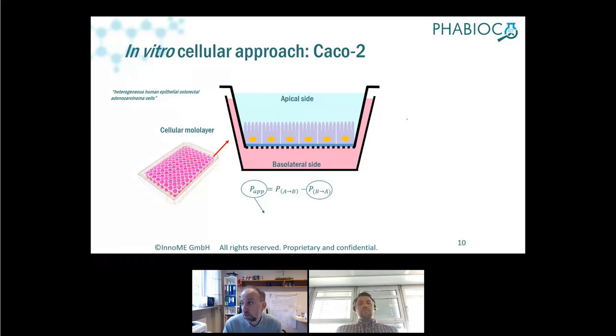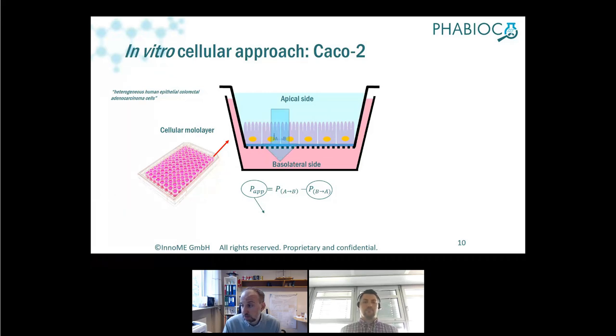For the in vitro cellular approach, the gold standard is the CACO2 cells. This is generally based on a 96-well plate setup, where heterogeneous human epithelial colorectal adenocarcinoma cells are grown as monolayers. The cells possess an apical side and a basolateral side. And as I reported before, what we do is place a drug solution on the apical side, and we measure how much drug permeates through to the basolateral side over time.